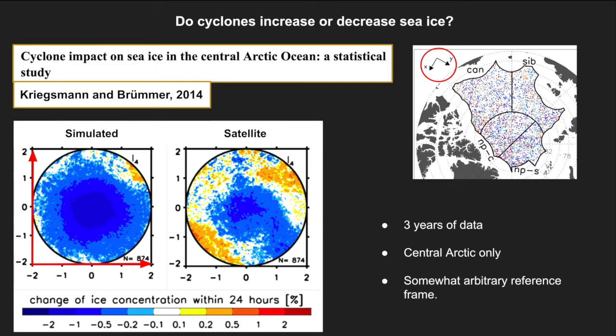The second is that they focus on the central Arctic only, and I mentioned in the previous slide, the marginal ice zone is really a key area where you get most of the response to cyclones for sea ice. And the third is this somewhat arbitrary reference frame, this XY that's in the top right. And you can see that in some parts of the Arctic, y will be pointing north, in some parts of the Arctic, y will be pointing south. And this acts to kind of smear out some interesting spatial patterns that we'll get to later.